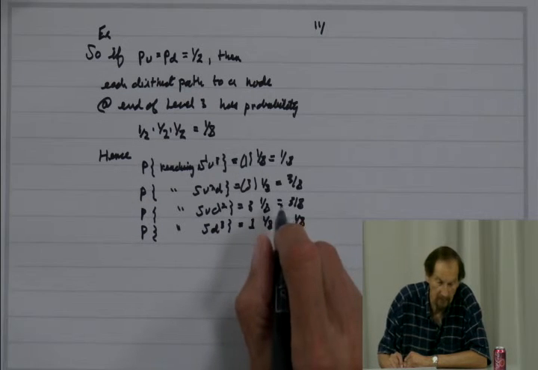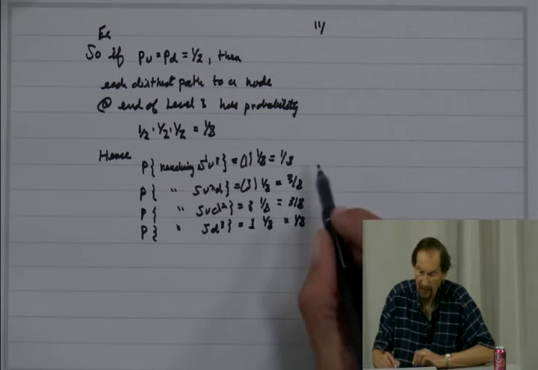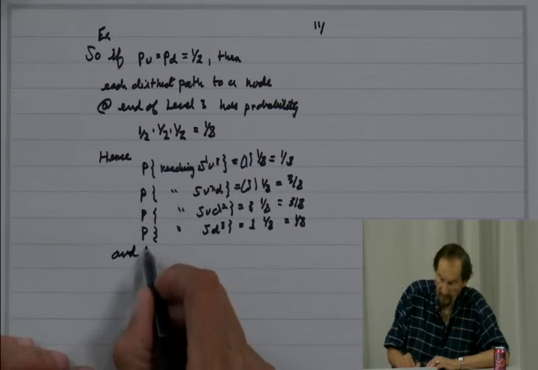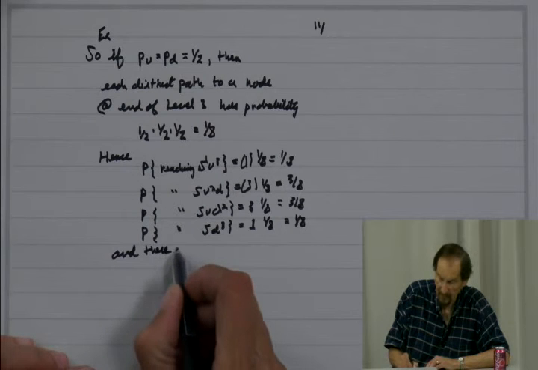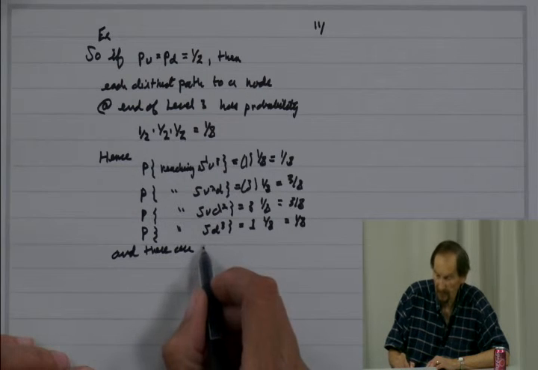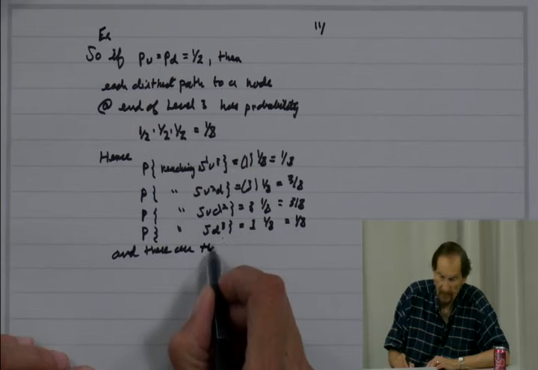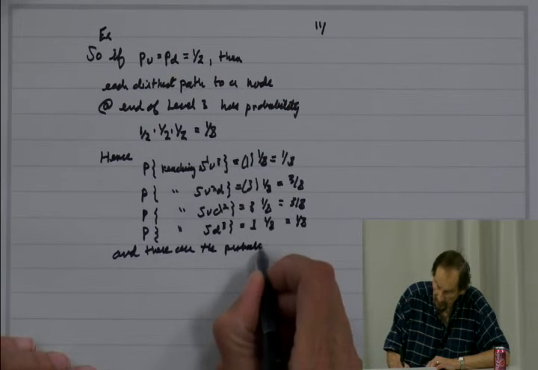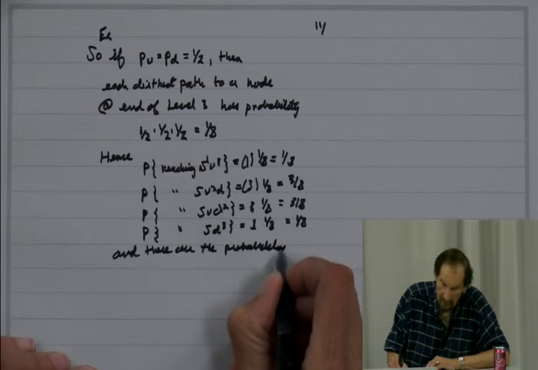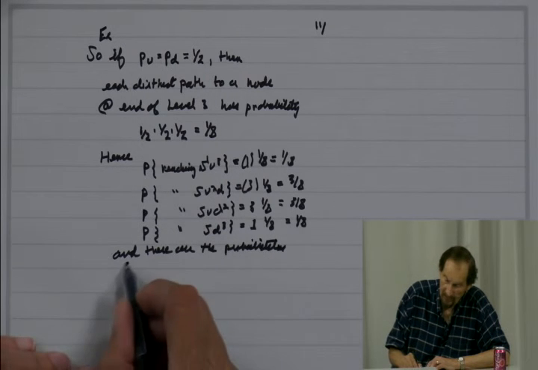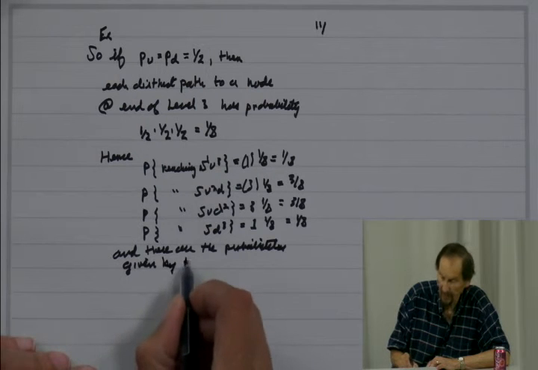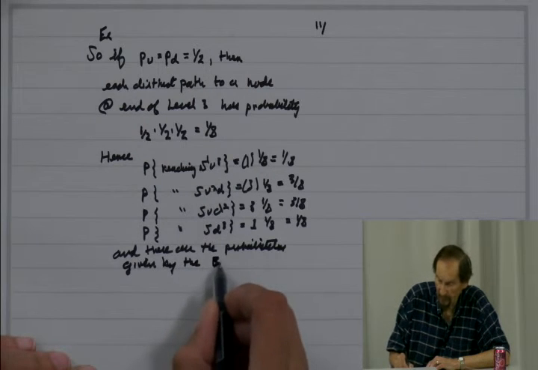Okay. And these are the probabilities given by the binomial distribution.